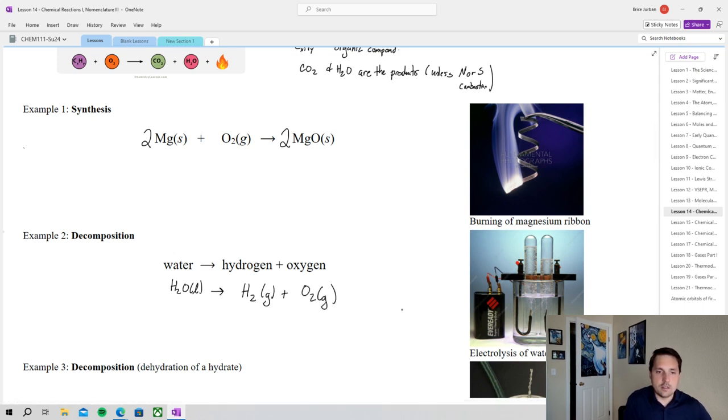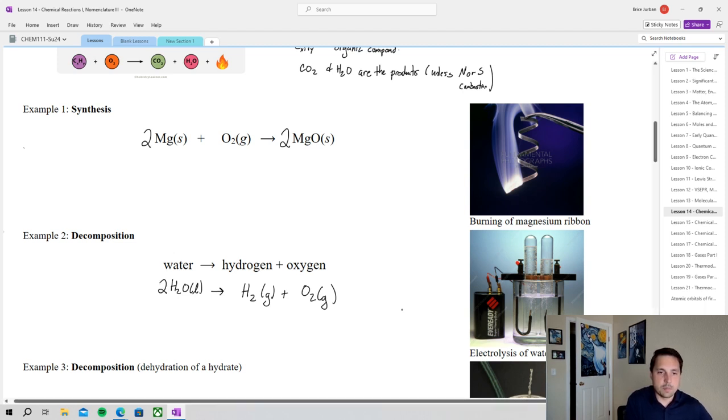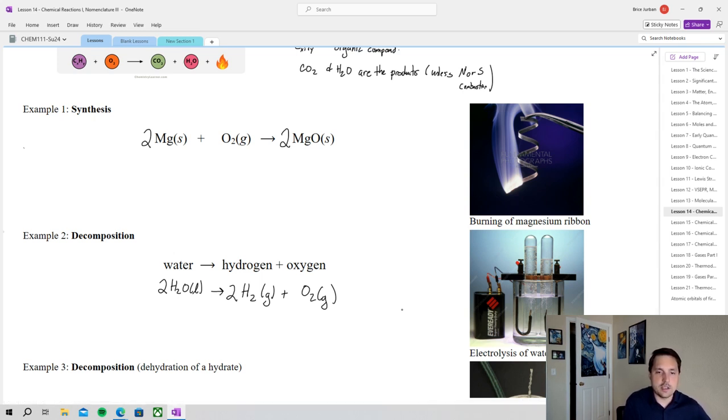And then in order for this to be balanced, we're going to need 2 waters to break down into 2 hydrogen molecules and 1 oxygen molecule.